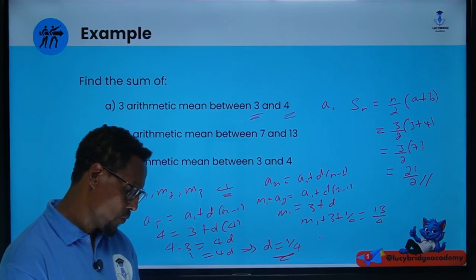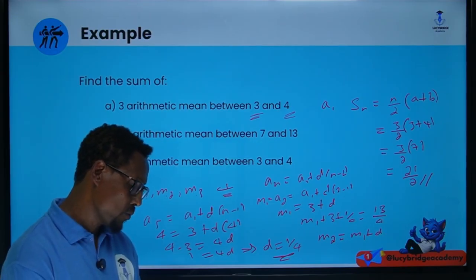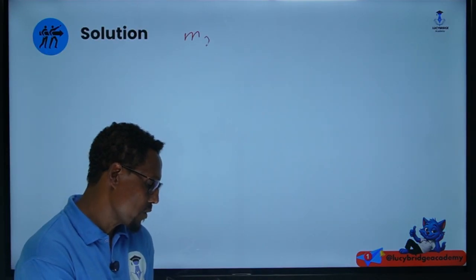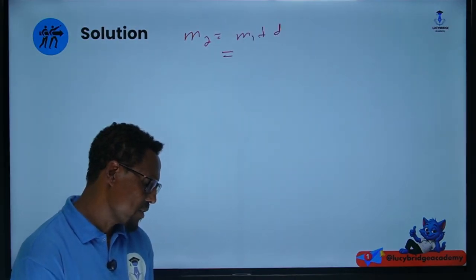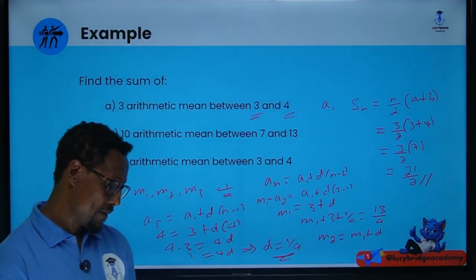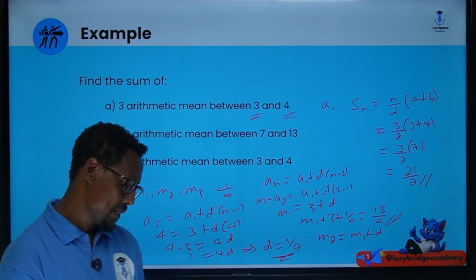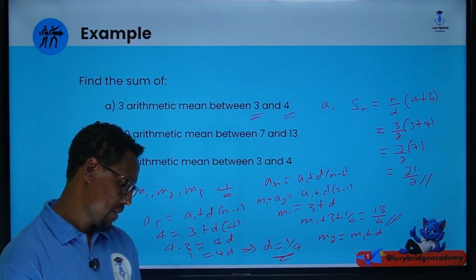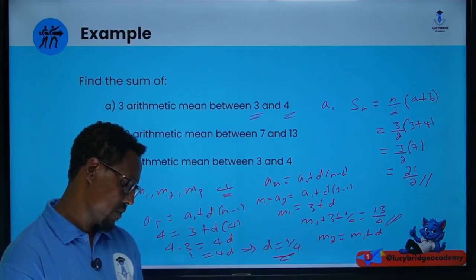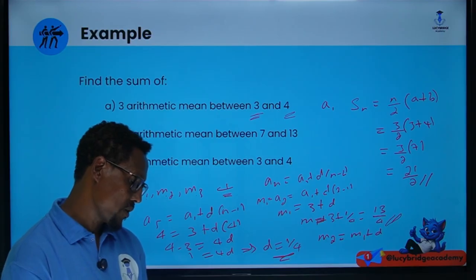Similarly, M2 is equal to M1 plus D. Okay, M2 is equal to M1 plus D, where how much is M1? M1 is equal to 3 plus D. Yes, M1 is equal to 13 over 4.